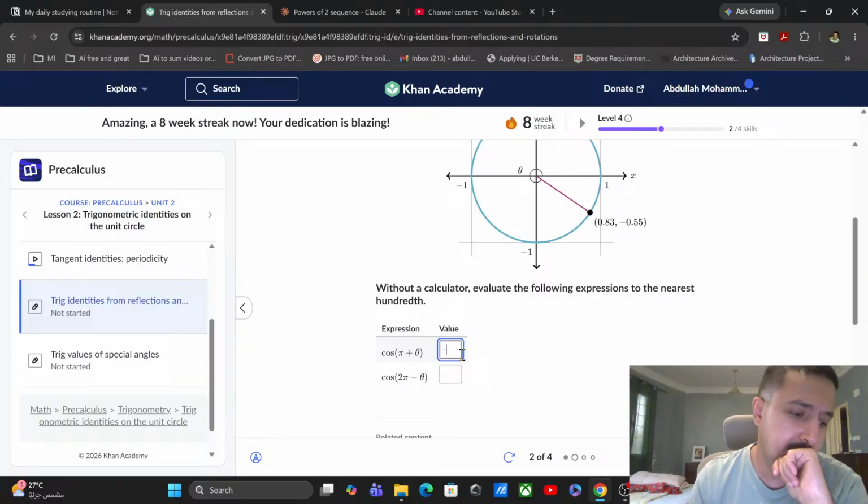What did we say? It is opposite over the adjacent. The opposite, which is y, and the x is the adjacent.